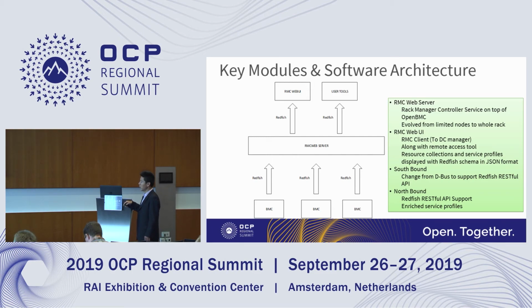And we have some changes. Before this version, we used the D-Bus. Currently, we use Redfish instead of D-Bus. So this is the southbound modification. Also in the northbound, we exceeded the limitation of several individual server nodes.